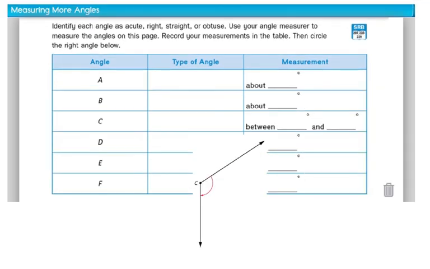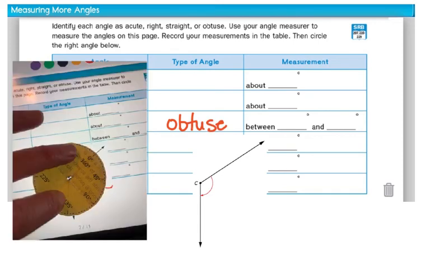Let's look at angle C. The first thing I realize right away is it's more than 90 degrees. So I could write the type of angle first. It's more than 90 degrees, but less than a straight line. Therefore, it's obtuse. I went ahead and lined up point C in the hole that I poked through my angle measurer.